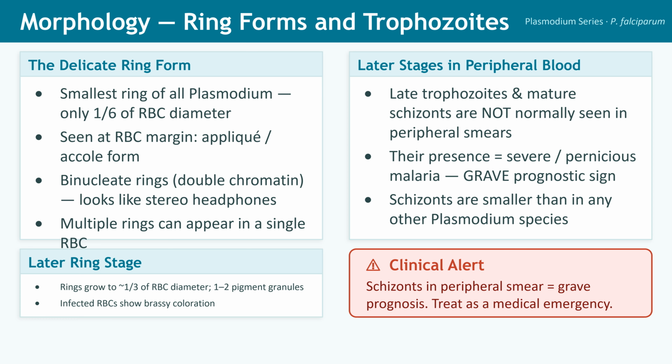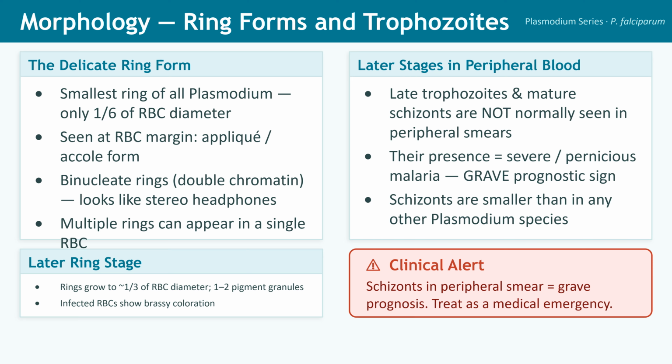Now let's learn about the ring forms and trophozoites of Plasmodium falciparum. The early ring form in the erythrocyte is very delicate and tiny, measuring only one-sixth of the RBC diameter, and rings are often seen attached along the margin of the red blood cells, the so-called form appliqué. Binucleate rings are common, resembling stereo headphones in appearance, and several rings may be seen within a single erythrocyte.